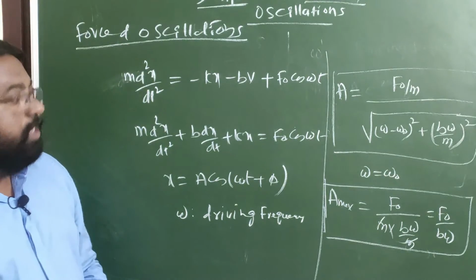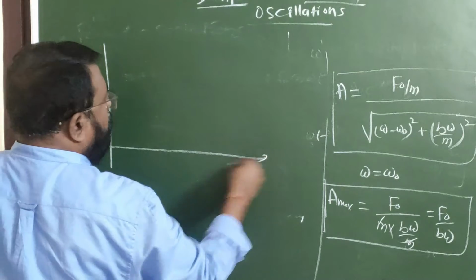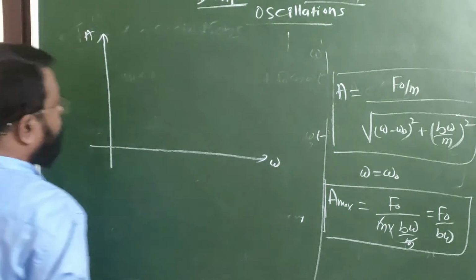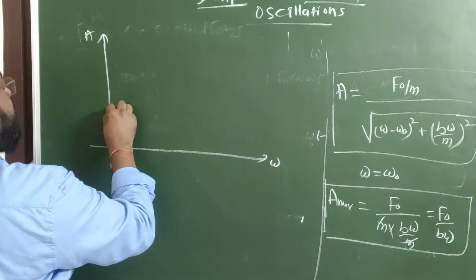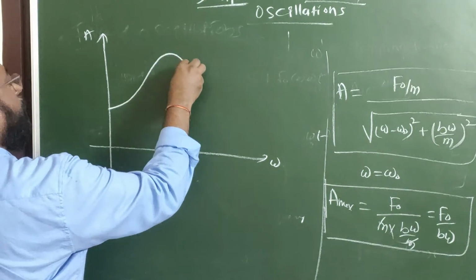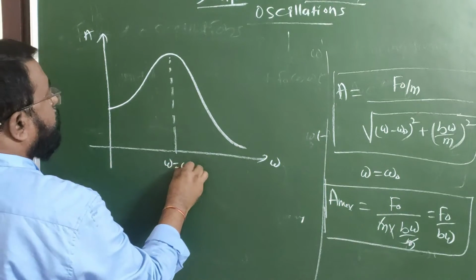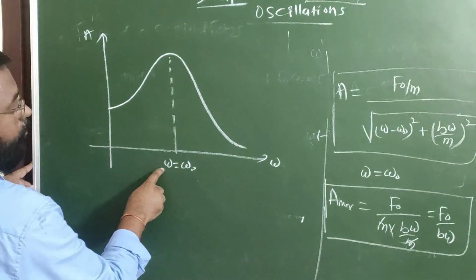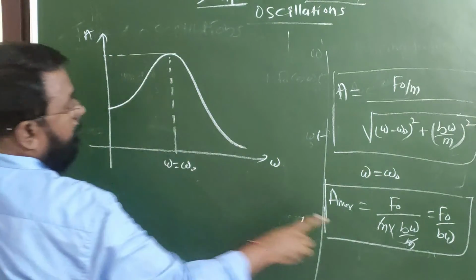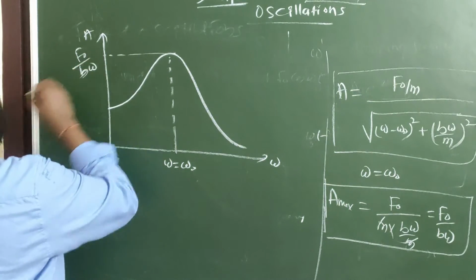This is forced oscillations. If you draw the graph of amplitude and omega, the graph is like this. Here omega is equal to omega naught. When omega is equal to omega naught, the amplitude is maximum, corresponding to this one, maximum amplitude F naught by b omega.